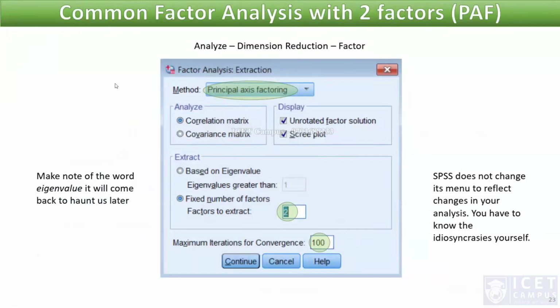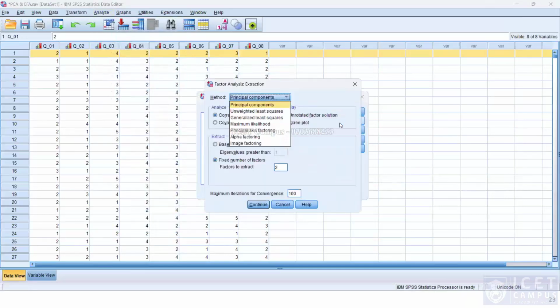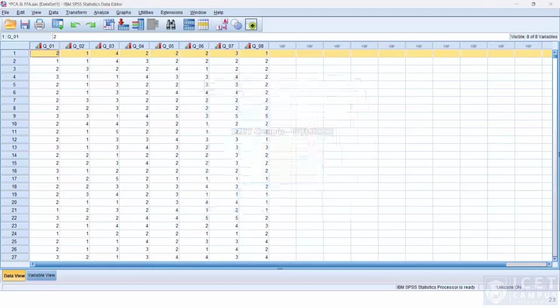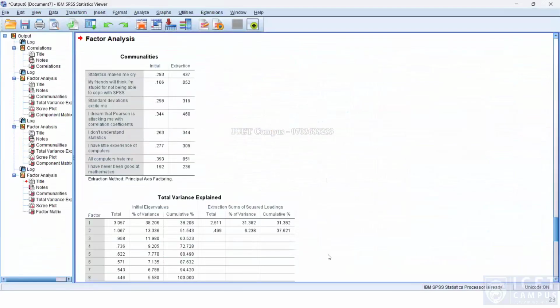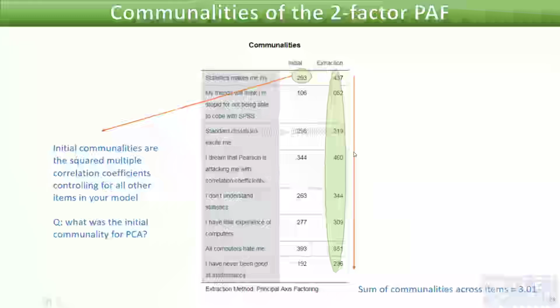Now, same thing: analysis, dimension reduction, factor analysis. Now the extraction method is principal axis factoring. That's all. Then we can take the output. So you can see here, this is the output, right?